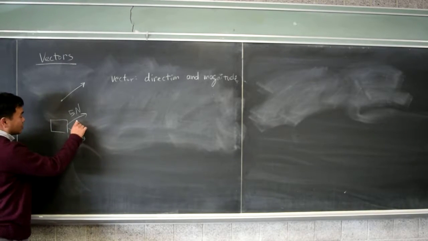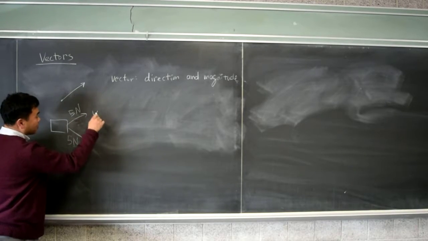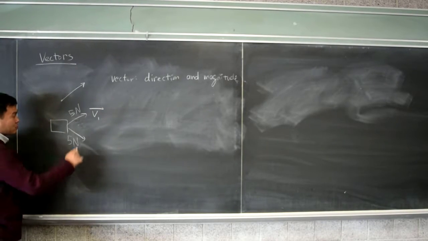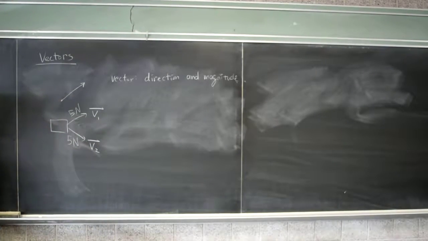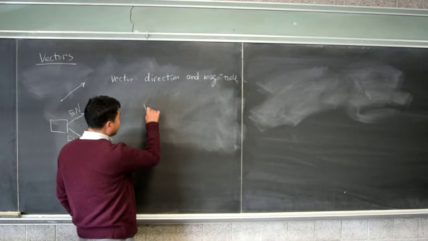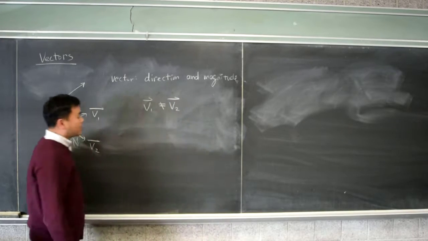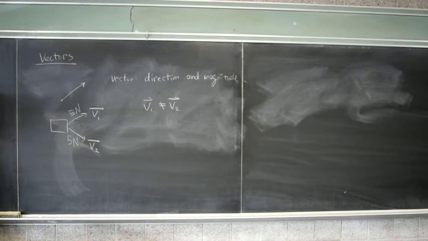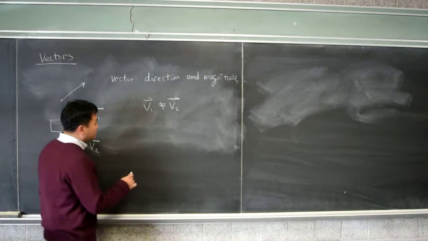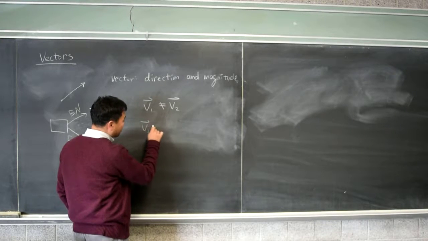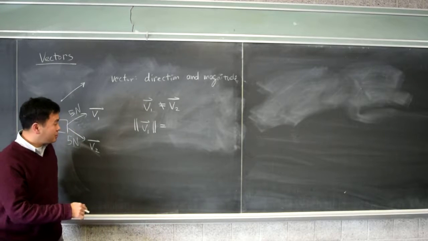If you call this V1, and for vectors people use the arrow notation like that, you put an arrow on top. This one, V2. These two vectors, V1 and V2, are not the same because their directions do not agree, while their magnitudes are equal. The symbol for magnitude is this double line.